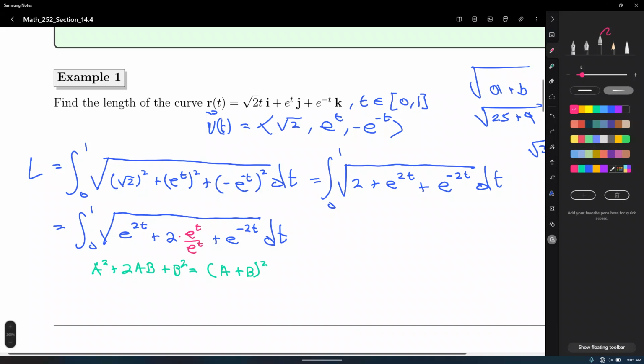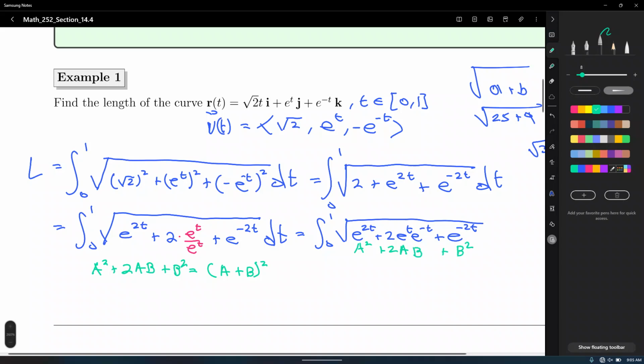Okay, let me move the denominator to the numerator with positive exponent. That means the integral from 0 to 1 of the square root of e to the 2t plus 2 e to the t e to the negative t plus e to the negative 2t. Now, does that look like a squared plus 2ab plus b squared?